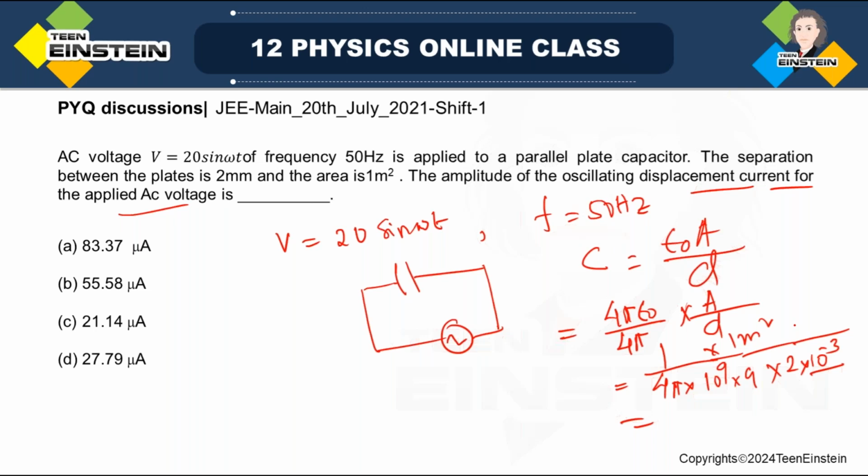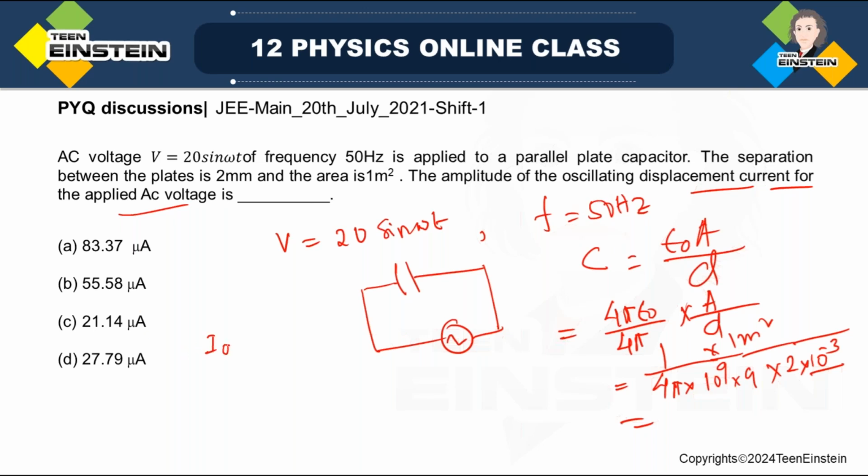Okay, so then once you get this C, you have to find out what is XC. Actually, what we need to find out is the displacement current through the space between the plates. So that is same as the external current, that is the circuit current or conduction current. So that I have to find out here.